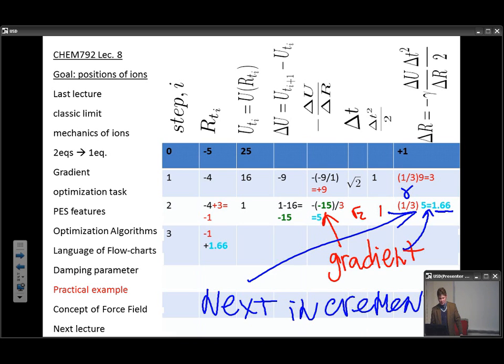So we divide 5 by 3 and get something like 1.6 blah blah blah. So it is our next increment. So according to our algorithm, if we are at point -1 and we want to approach minimum, we should step in the positive direction by as far as 1.66.